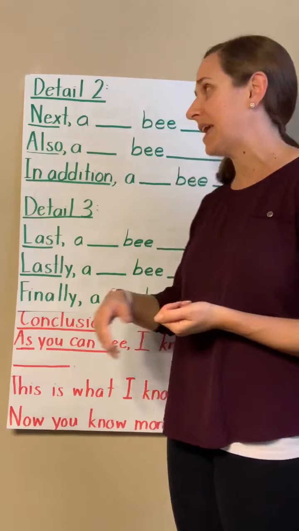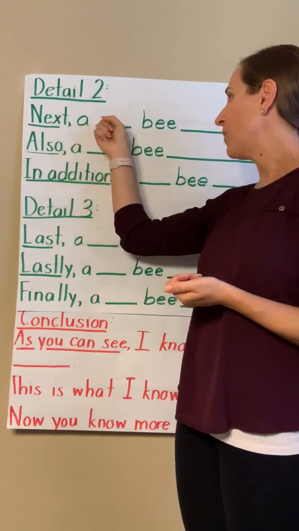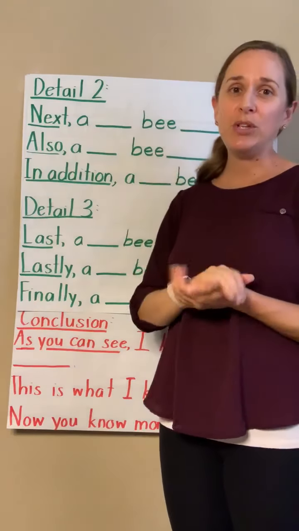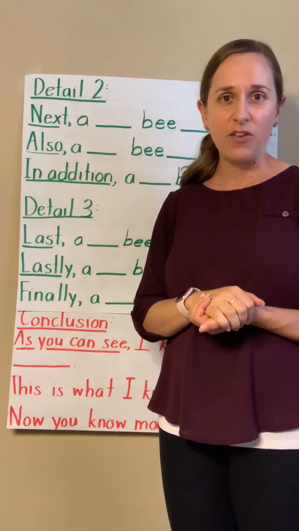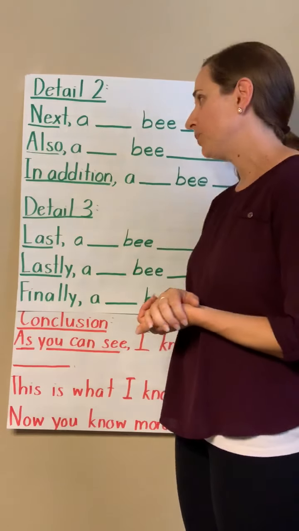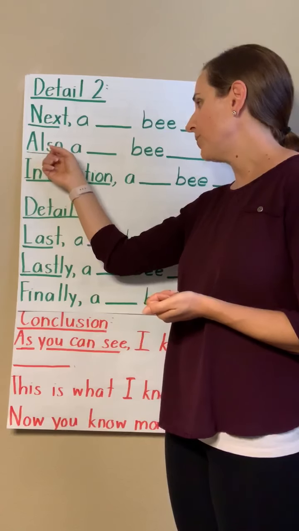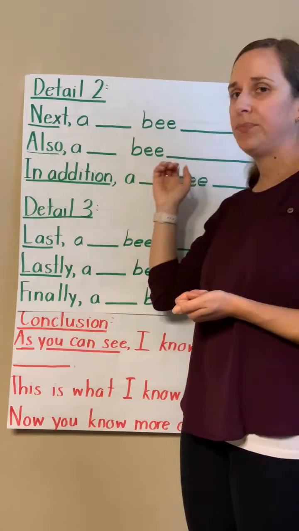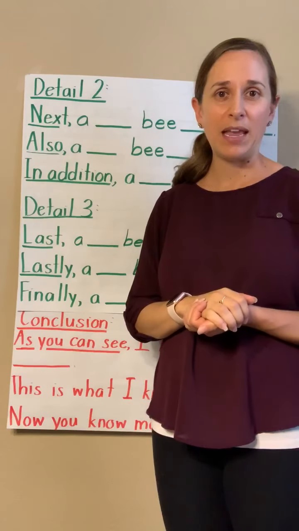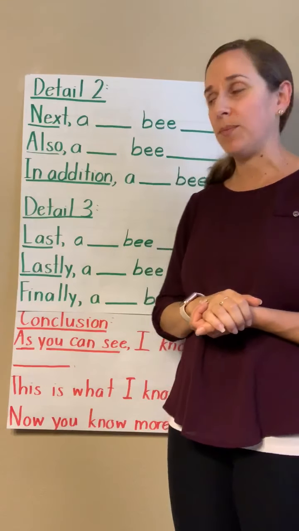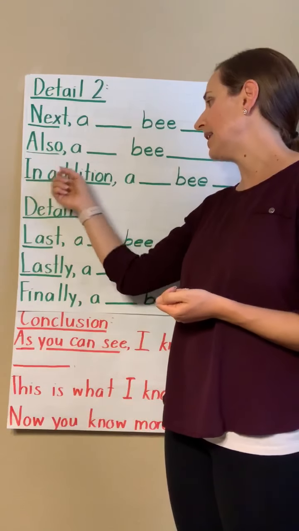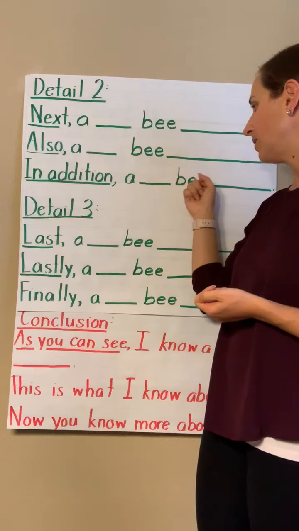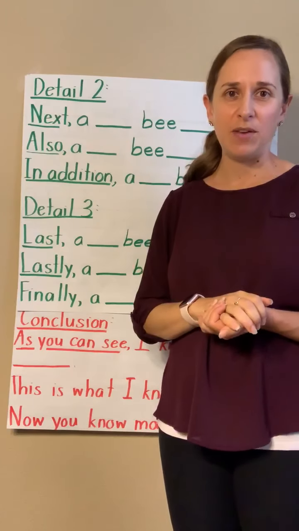So students might say, next, a queen bee, and then students can write one piece of information that they know about a queen bee. They could choose also a queen bee, and then again, give me some information, a detail about a queen bee. Or they may choose, in addition, a queen bee, and then end with some information about a queen bee.